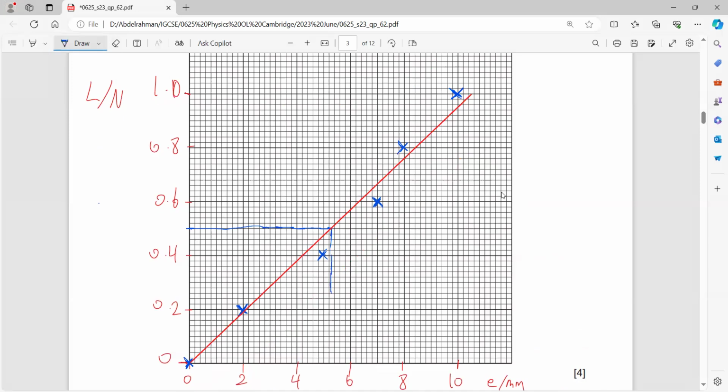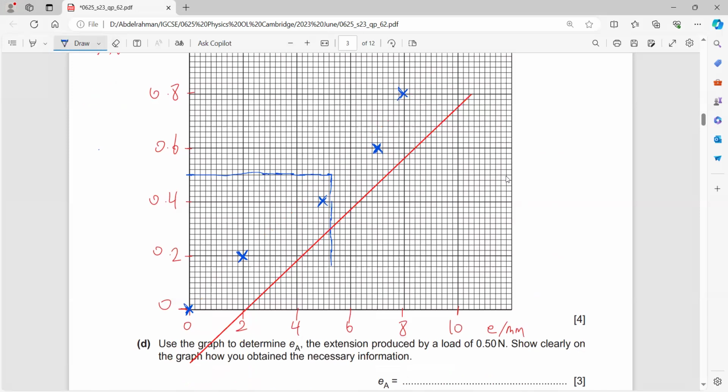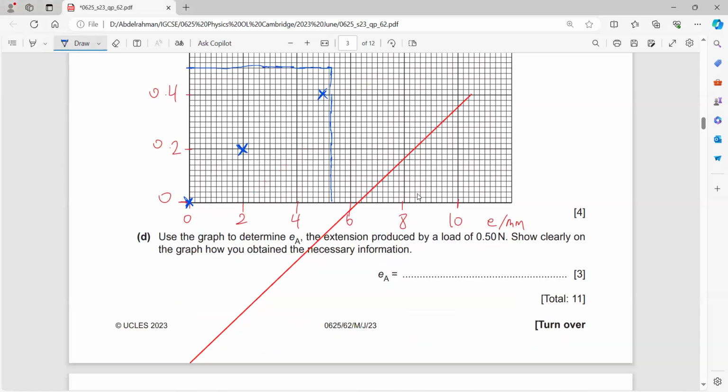The extension is just above 5, something in the range of 5.2, 5.3, 5.4. If you wrote down 5.2 millimeters, that would be okay. Let's remove this line.